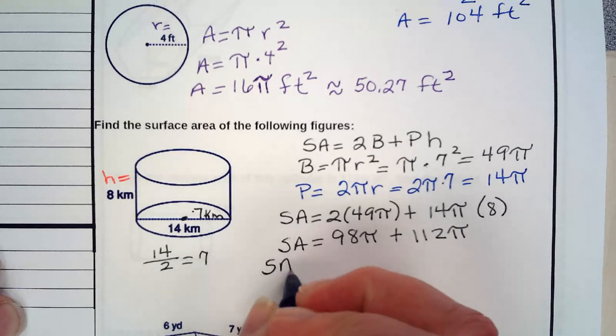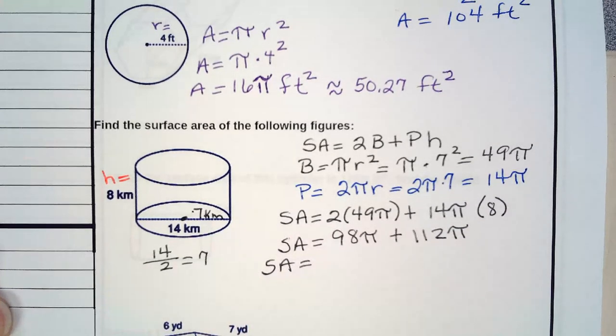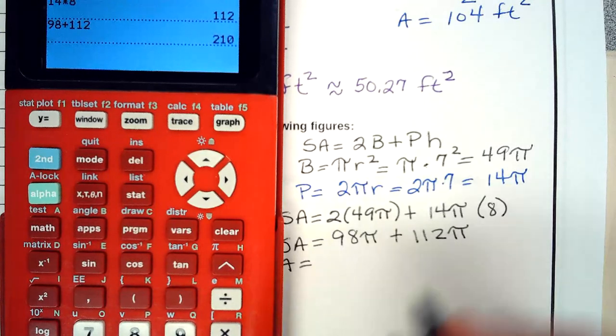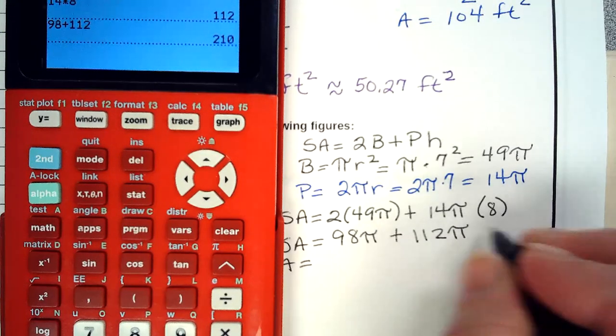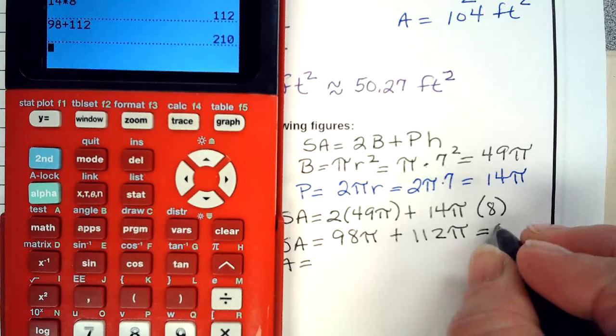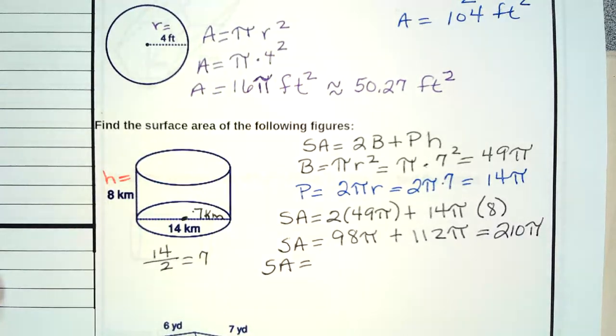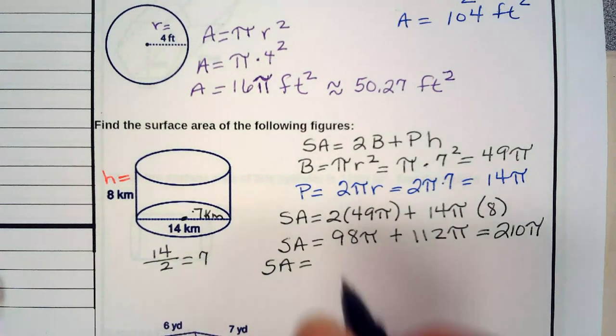So my surface area, 98 pi plus 112 pi, gives me 210 pi. And that will be kilometers squared.